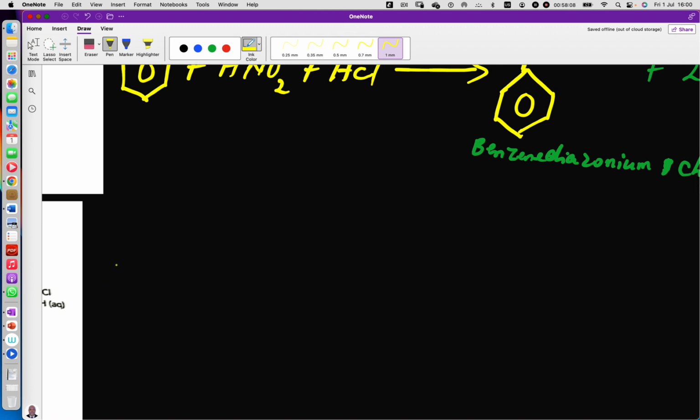We have the benzene ring here, that's the benzene ring, and that's the salt, 1, 2, 3, then the chloride. There is a positive charge here, and there's a negative charge here.